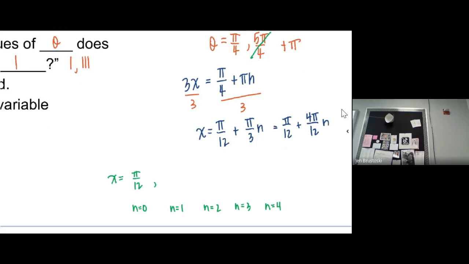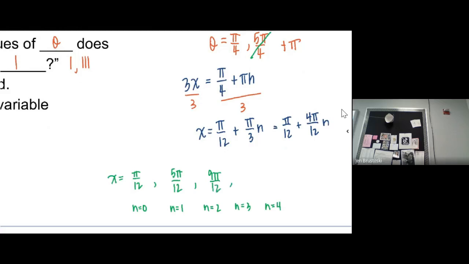Yeah, 5 pi over 12. At n equals 2, we do 4 pi over 12 more: 5 plus 4, guys? Wake up. Yeah, 9 pi over 12.